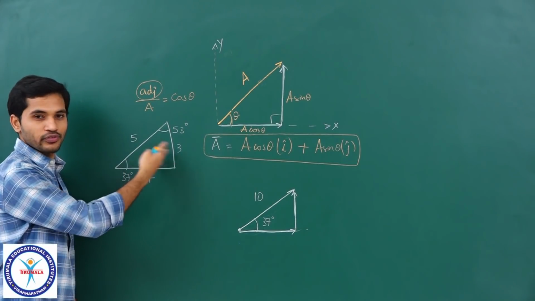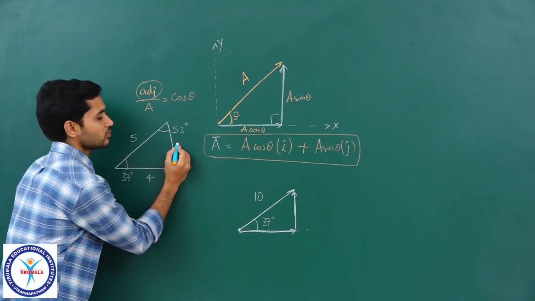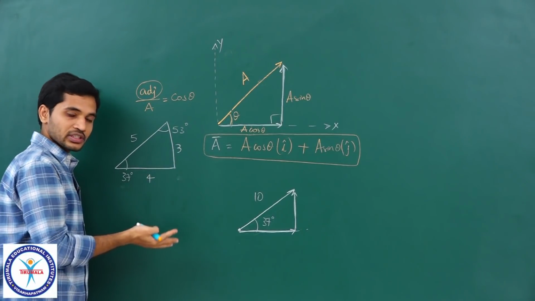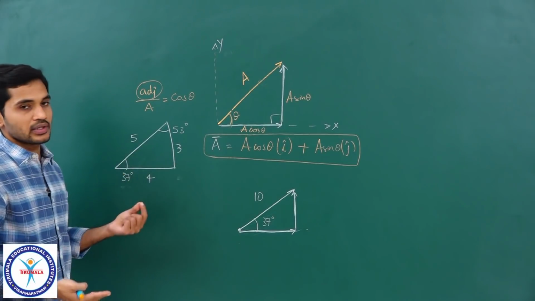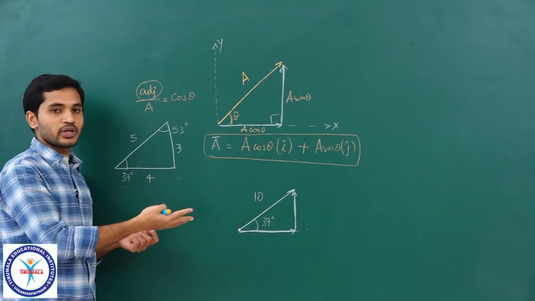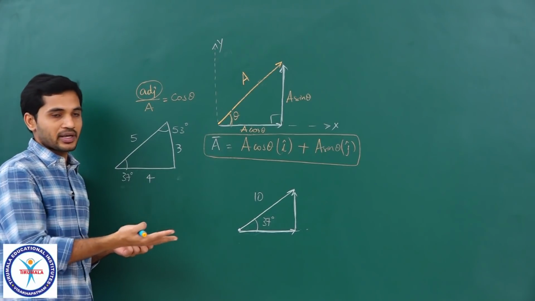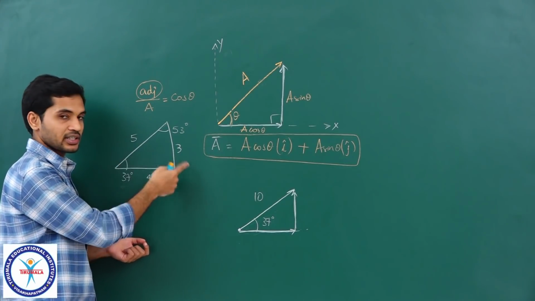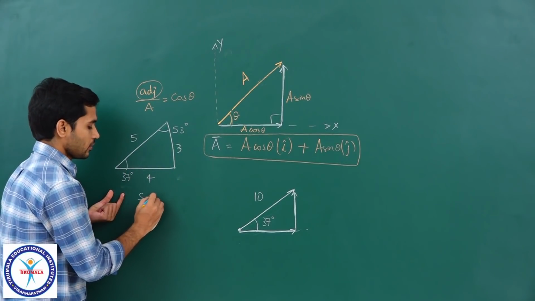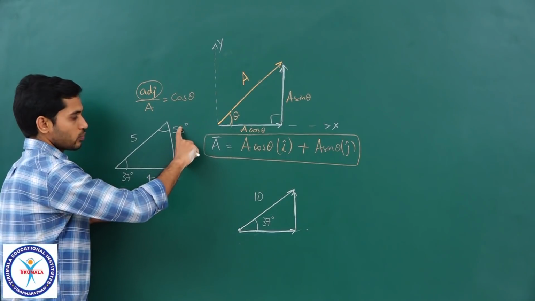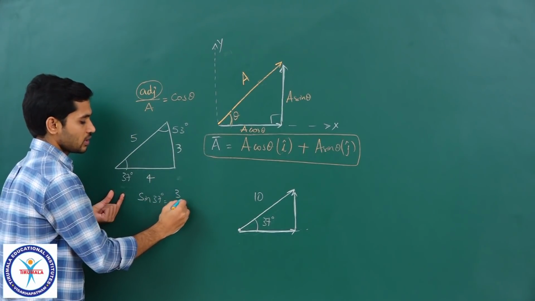It is also called the 3, 4, 5 triangle, and this is something which we frequently use in physics, because these are integers. Instead of getting root 3 by 2, 1 by root 2 and values like that, this gives us integers, right. So, what is sin 37 here? Sin 37 degrees will be opposite by hypotenuse, 3 by 5.